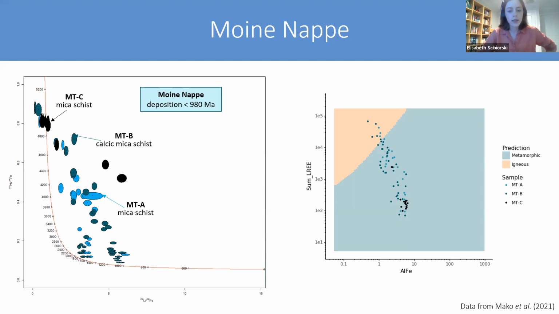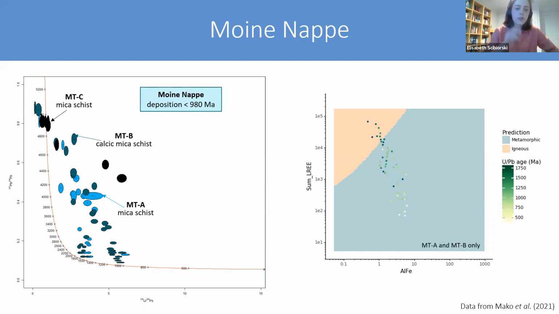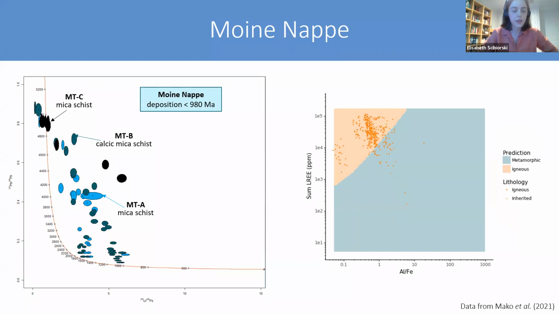But interestingly, particularly if we look just at the MTA and the MTB samples, there's a trend with the uranium-lead age where the older samples that have more age inheritance plot closer to the igneous field and the younger samples plot more in the metamorphic field. So to understand this, let's just go back to the larger titanite compilation for a second.